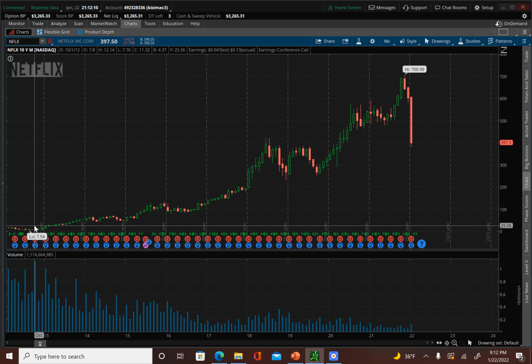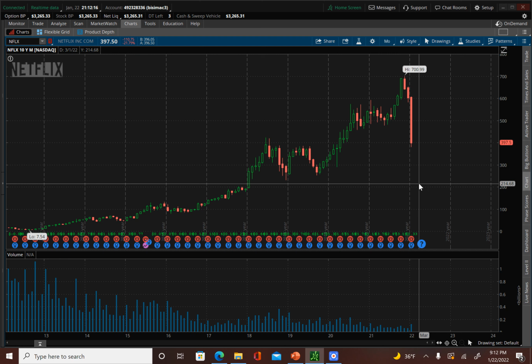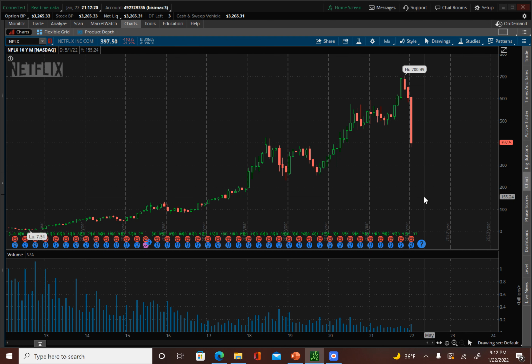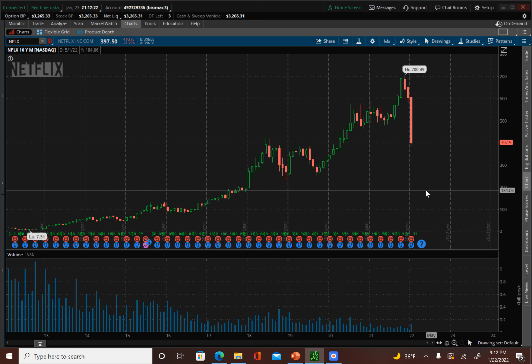Now, to put that in perspective, just 10 years ago, this was trading for $7, $10. So even if it did pull back to $140, that's still, I think, over a 1,000% increase in 10 years, even if it dropped to 140. I don't know if that math is 100% correct, but it's definitely several 100%.